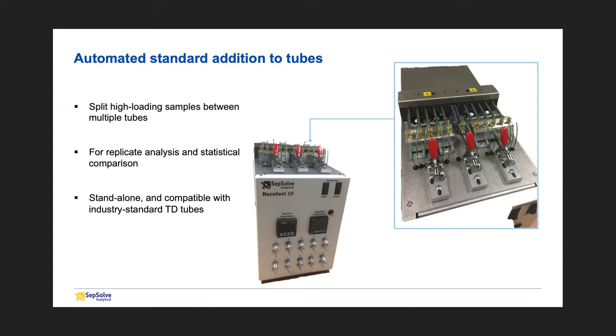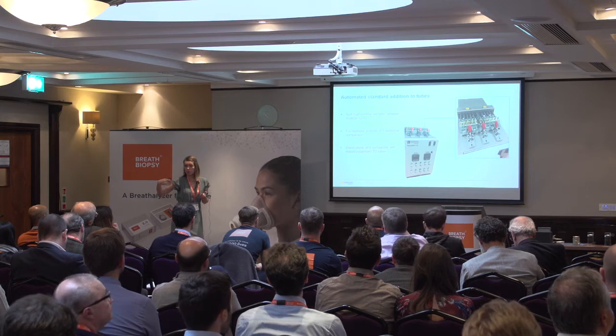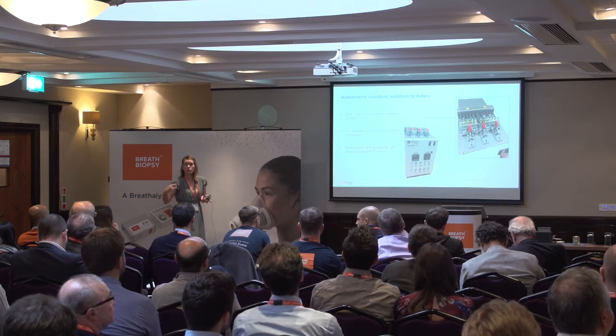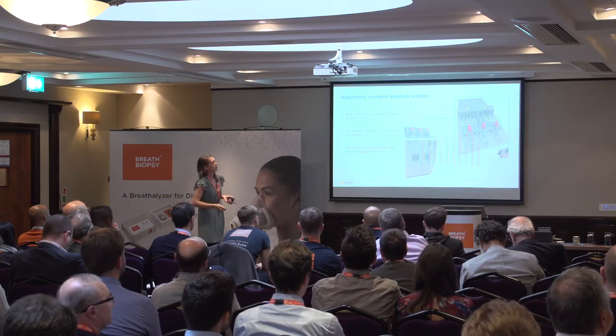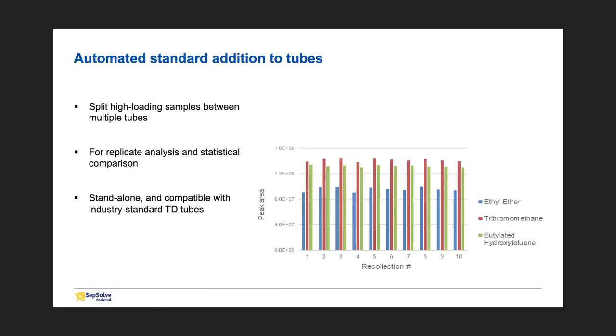So then you would have 10 tubes that have the same loading of standard, which could then be run in sequences at set time periods as a quality control check. So it means that you would have the same levels of components. Here's an example of some standards that were introduced, and quickly have created 10 tubes with the same quality control standard.